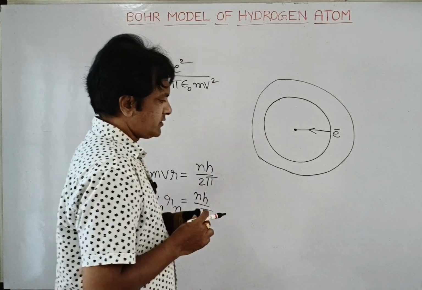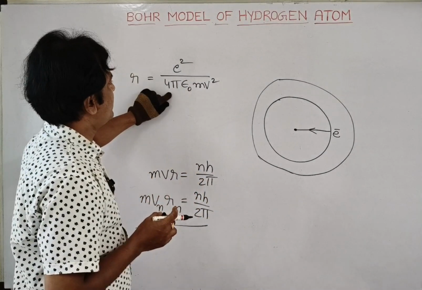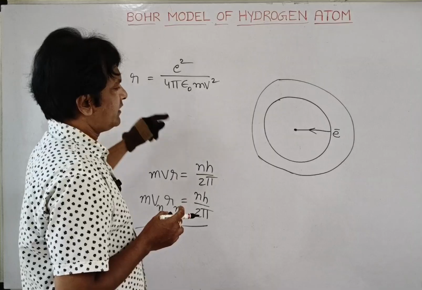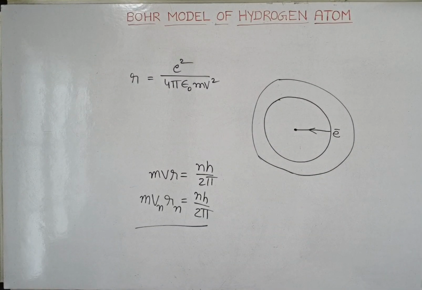Okay, so this is the radius. As per the electron revolution and its velocity, we decide the radius of the orbit. This is how we proceed in the calculation of radius, and now we will calculate the velocity.